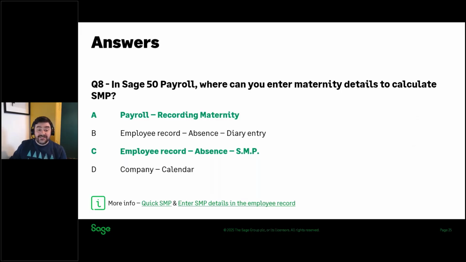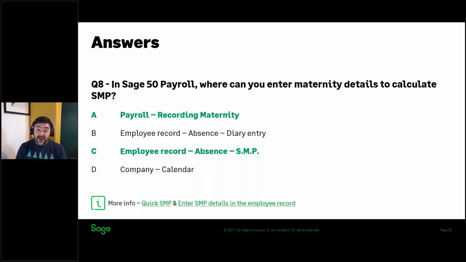So the correct answers there is from Payroll, recording maternity, also known as Quick SMP, and also in the employee record on the absence tab in the SMP section. So it's down to personal preference which of those routes you go down to enter maternity details. I personally prefer recording maternity, as you get everything in one place and you can print a report.